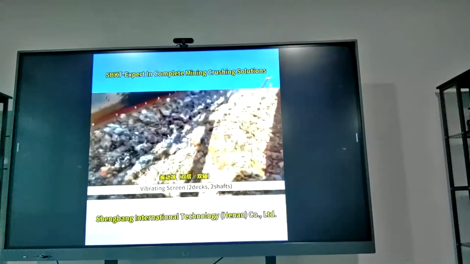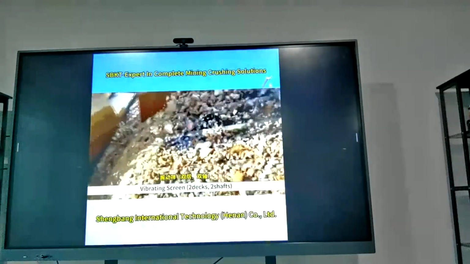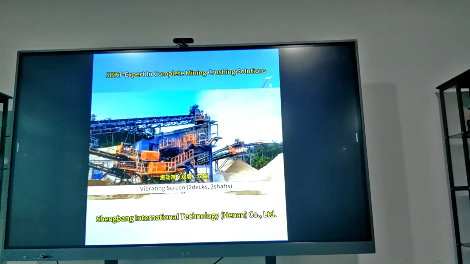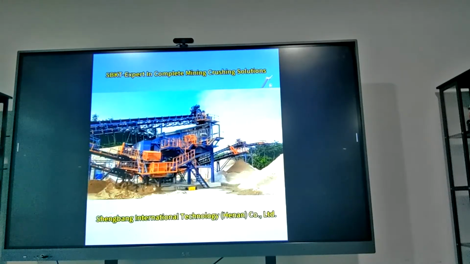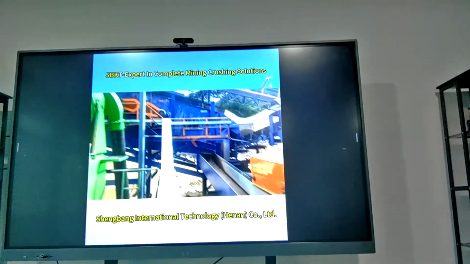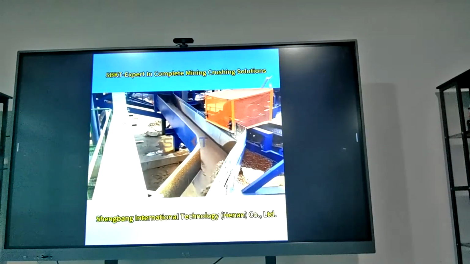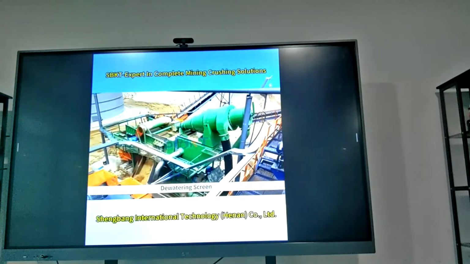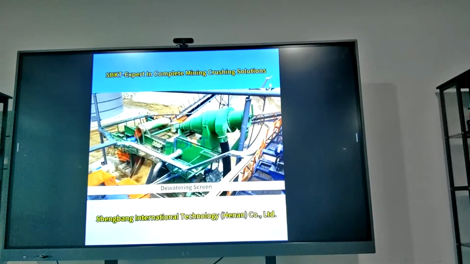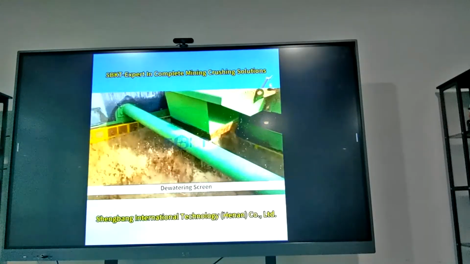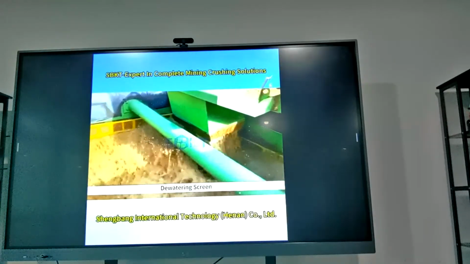For large-scale sand and gravel production enterprises and users with high requirements for equipment performance, the European version of the jaw crusher can create higher economic benefits and production value for the enterprise.